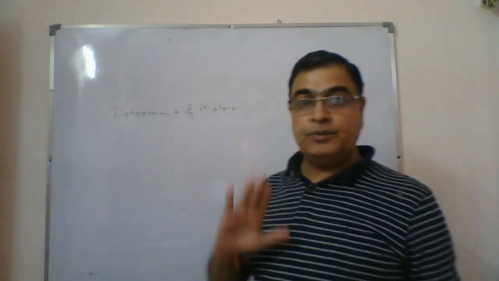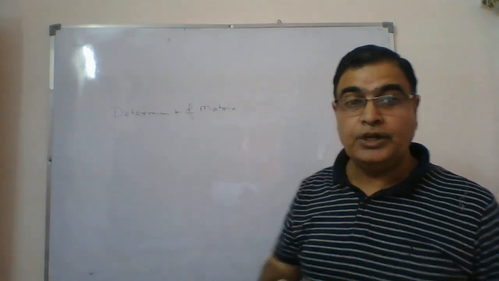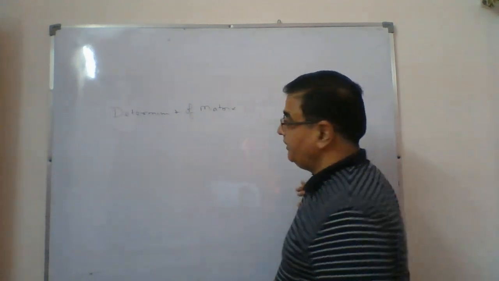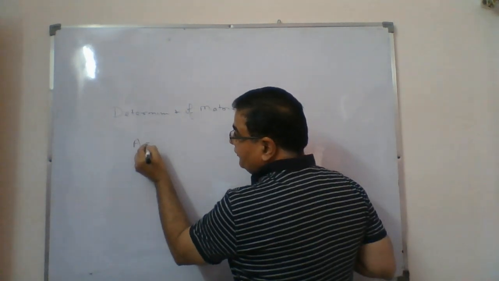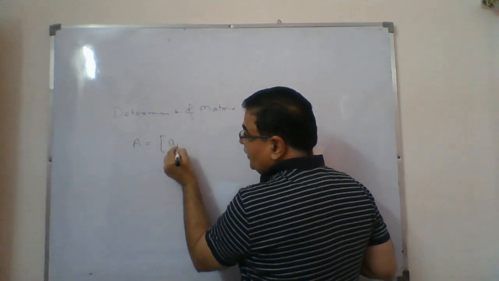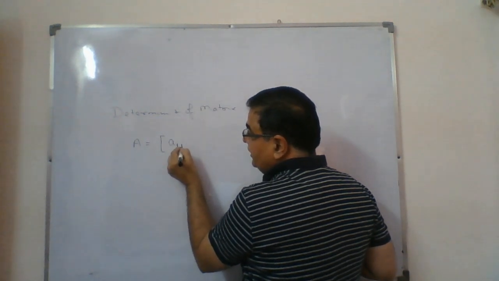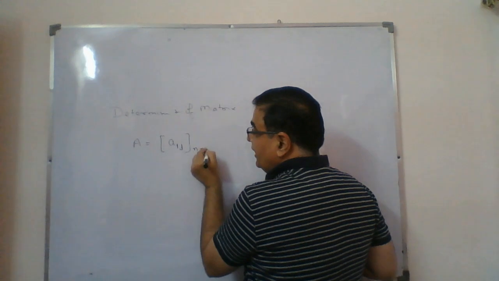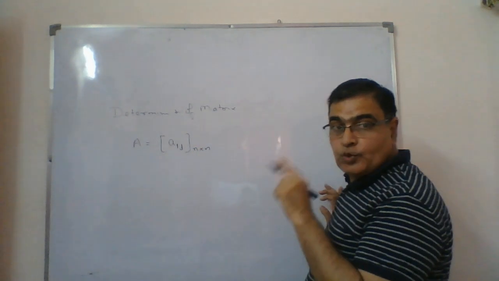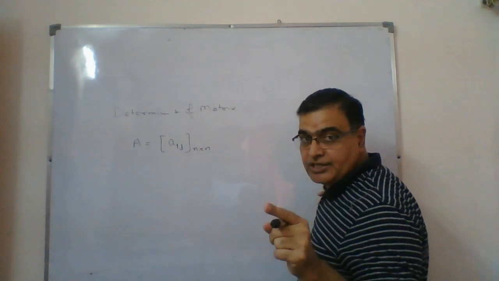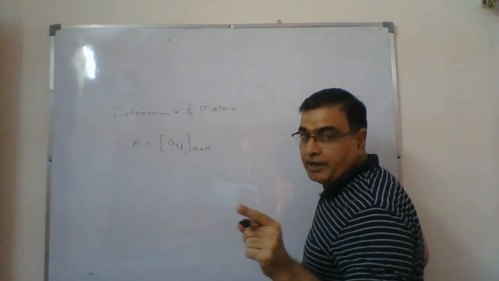First thing we should keep in mind, the determinant of a matrix is only calculated when it is a square matrix. So any matrix A which is a square matrix Aij, of order n into n, every square matrix is associated with a number.